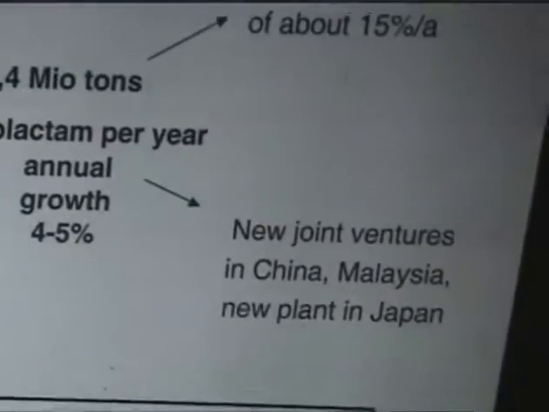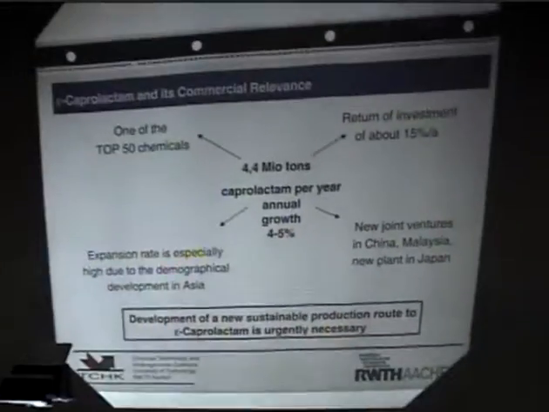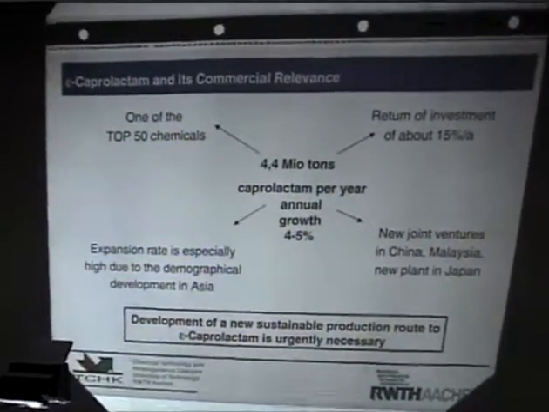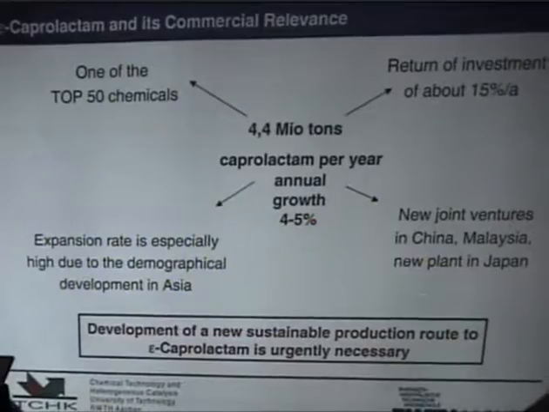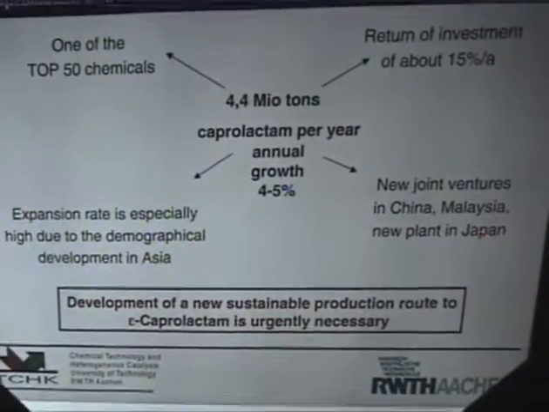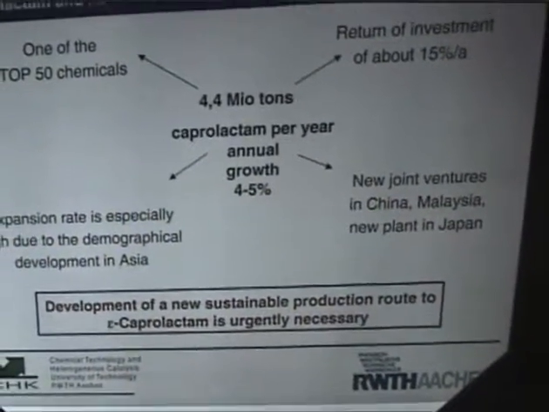And last November, Sumitomo announced that they have a 5,000 tons per year demonstration plant for a new caprolactam process, and that they are going to build a new world-scale plant in the next years, which will go on stream 2003. And our group is very happy that we could contribute to this development.